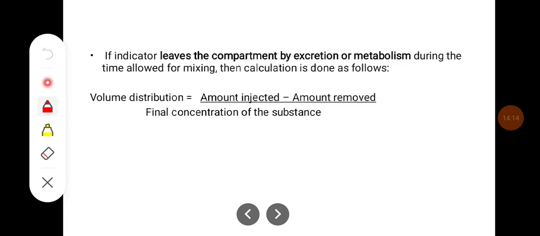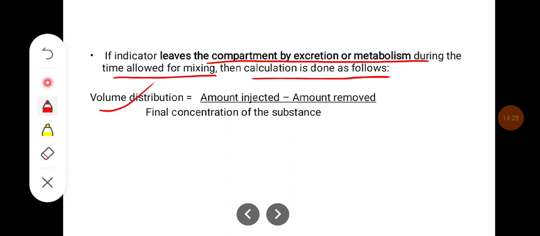If the dye leaves the compartment by excretion or metabolism during the mixing time, then the volume of distribution equals the amount of dye injected minus the amount of dye or substance removed, divided by the final concentration of that substance in that body fluid compartment.